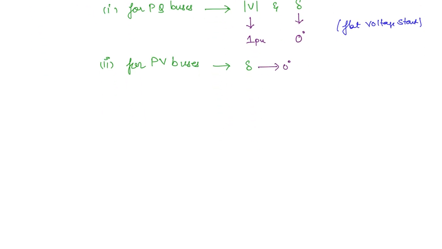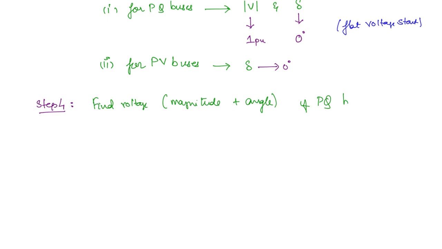Step 4: now we are going to start the iterations. First we are going to start the iterations for PQ buses. So find the voltage, both magnitude as well as angle, of PQ buses.